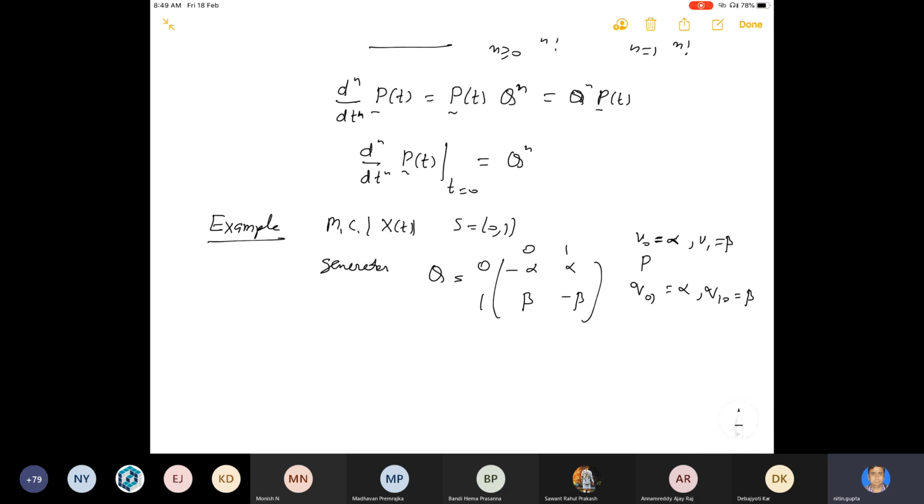Therefore p_01 is 1, p_10 is 1. So these are the values you can see when we have done it without using the generator. So our aim is to find out what is the value of P(t) and what are the limiting probabilities using that.